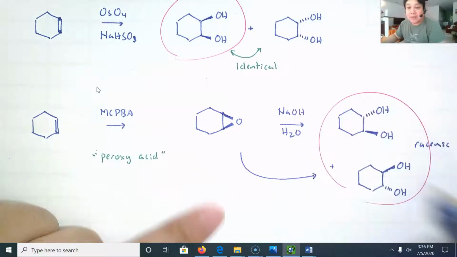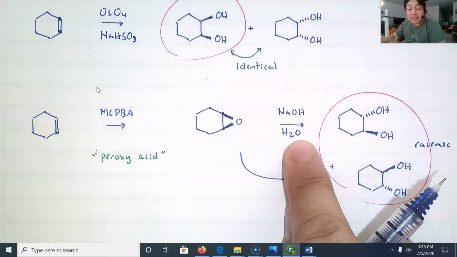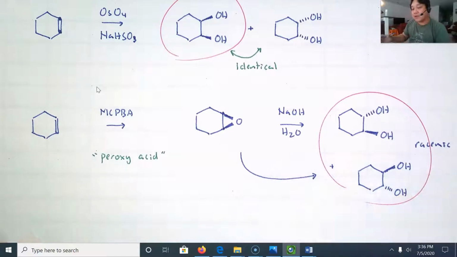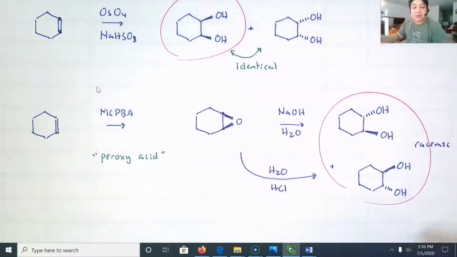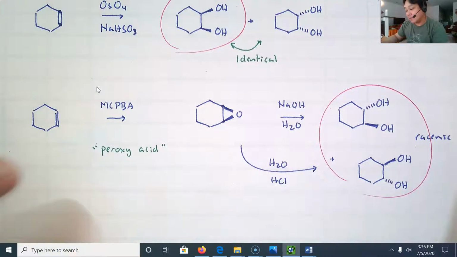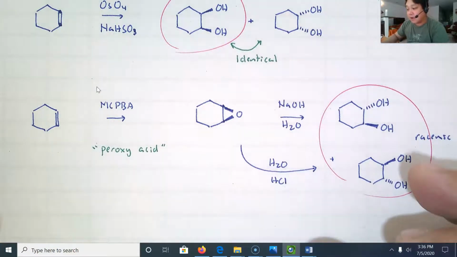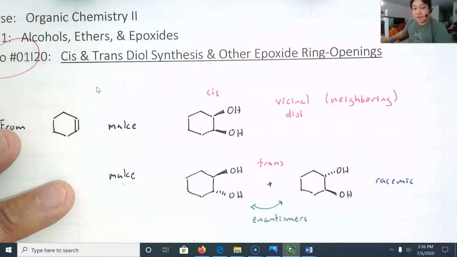You might recall that, well, sure, we added OH under non-acidic conditions, but can we do this under acidic conditions? Yeah. Just use water and add acid, like sulfuric acid or HCl. Okay. I'm not going to go through the mechanism. I think when we look at the other problems, you could apply those mechanisms to this one here.